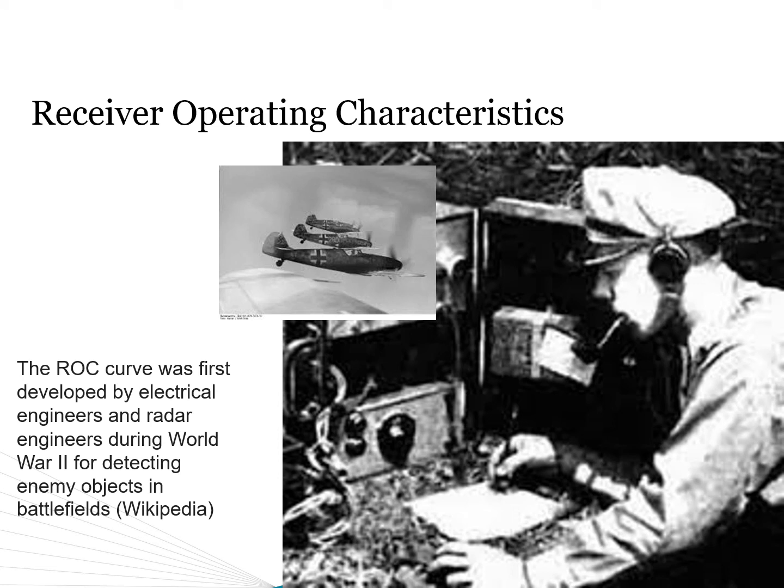So it was first developed by electrical engineers and radar engineers during World War II for detecting enemy objects in battlefields. And again, that comes from my old faithful friend Wikipedia.